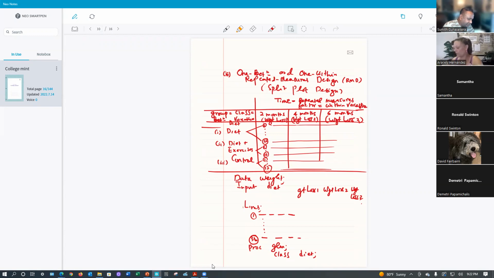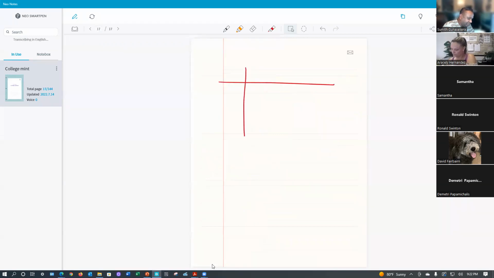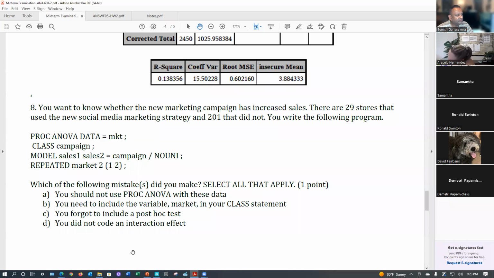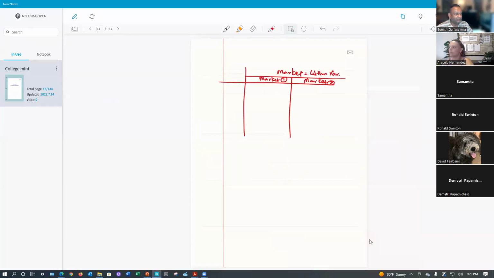See, then we can talk about this one. Again here we have the market, the type of market. This one is the within variable, and it has two types. Can you remember market one and market two? Correct. Market one and market two. See, two levels, 1 and 2, and it has a between group, which is this one.